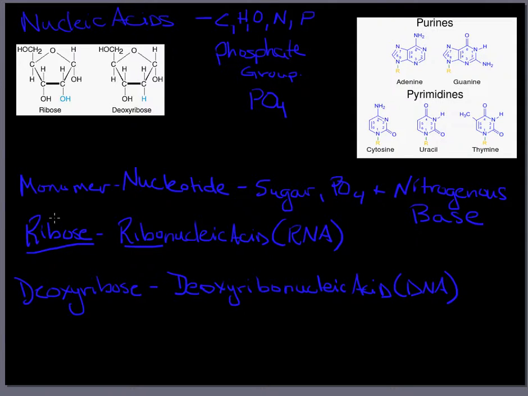So we don't really have a polymer of these guys because the polymer is the nucleic acid itself. We don't have an intermediate, really. I guess you could say ribonucleic acid, or RNAs, have different forms, and so therefore that could make different polymers if you want.